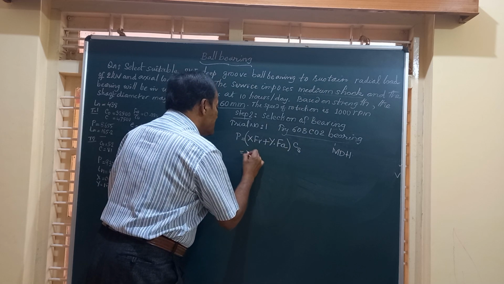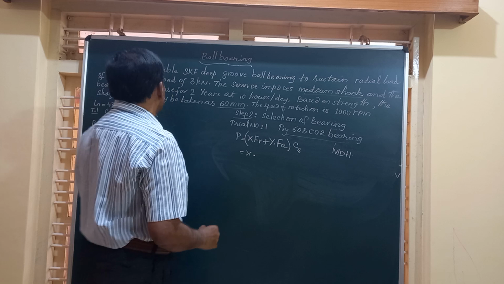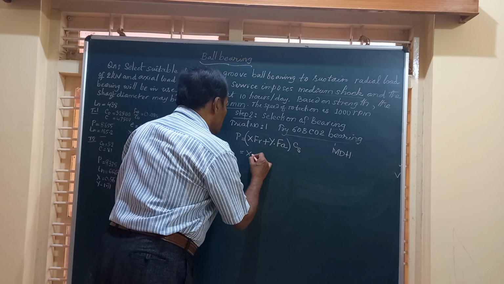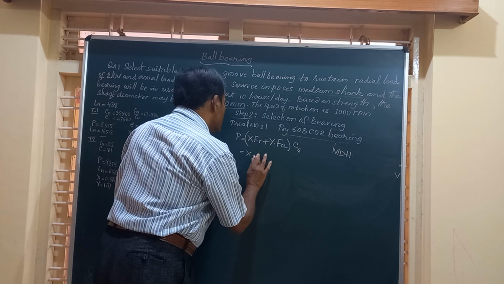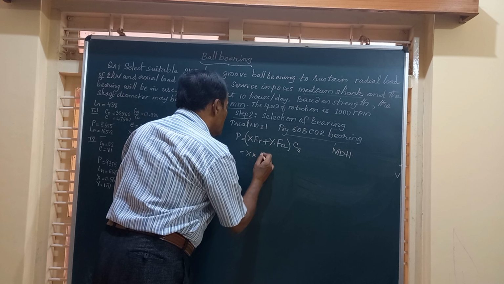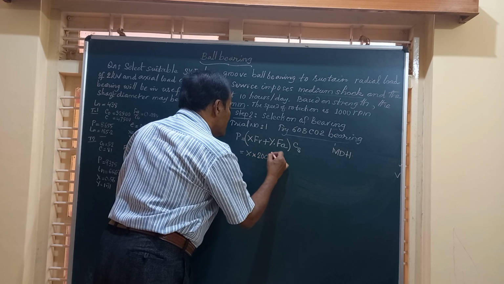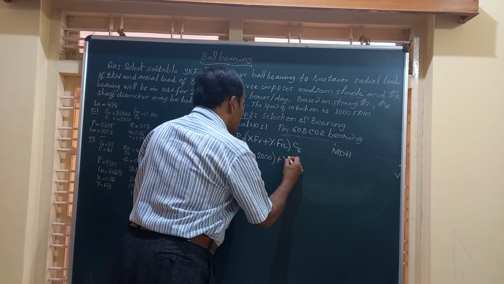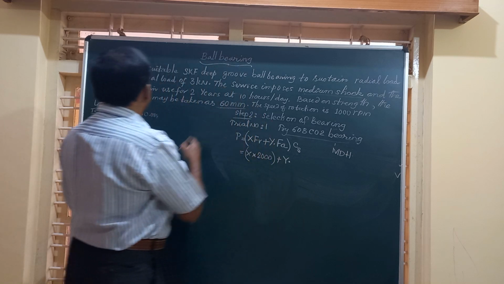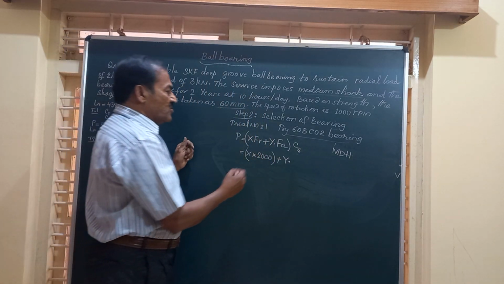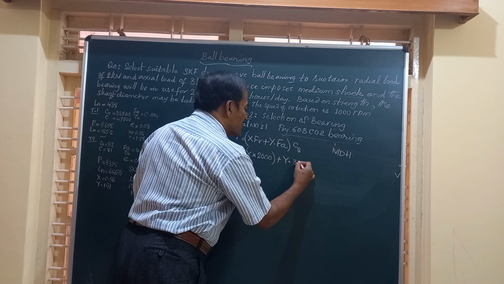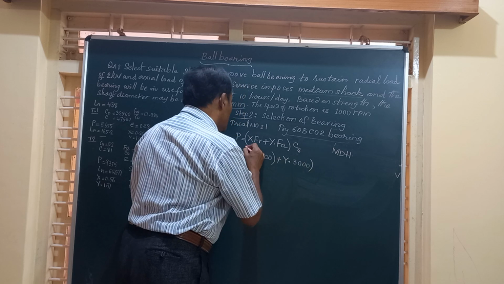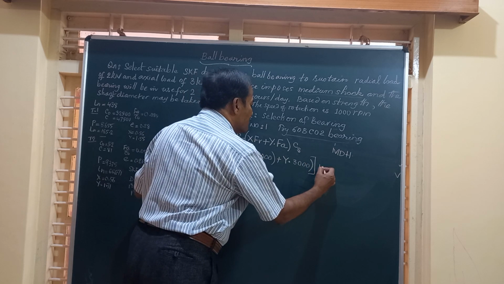So friends, here X times FR, FR is the radial load, which is given to be 2 kilonewton, that is X into 2000 Newton, plus Y times FA. FA is the axial load, which is also called the thrust load, that is 3 kilonewton or 3000 Newton, multiplied by the service factor CS.